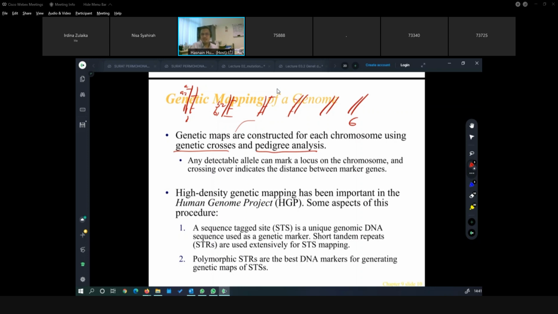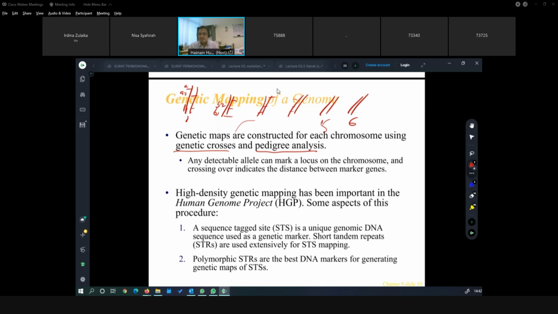So if A1 is located on chromosome 1, A6 located on chromosome 1, marker E5 is located on chromosome number 5, for example, and then marker E1 also located on chromosome number 5. So if we are given a marker, you actually know the information about the marker. You can also put where the marker is located.